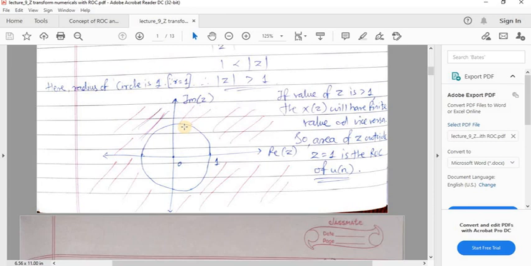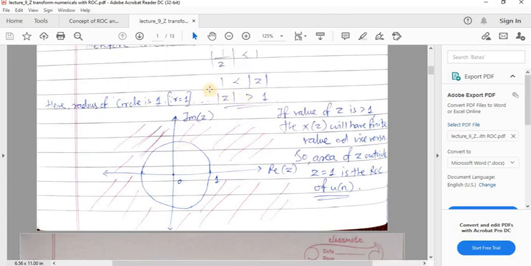If there is no pole, take r equals 1. Then we can see that z is greater than 1, so our region of convergence is outside the unit circle. I have shown it by the red lines. Inside the unit circle there is no region of convergence; it is blank. Outside the unit circle there is a region of convergence, indicated by the red lines.